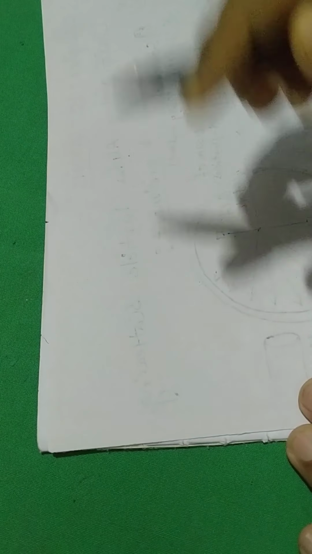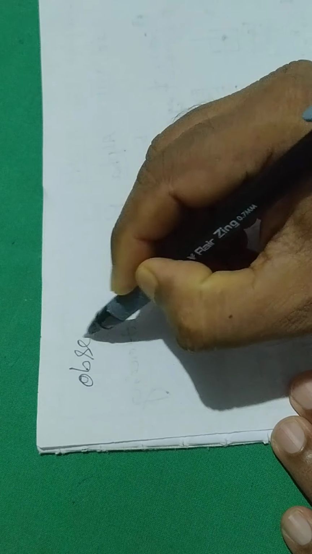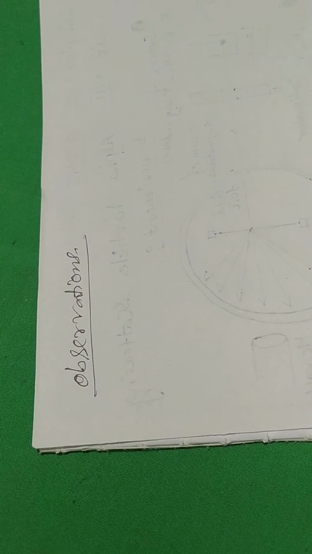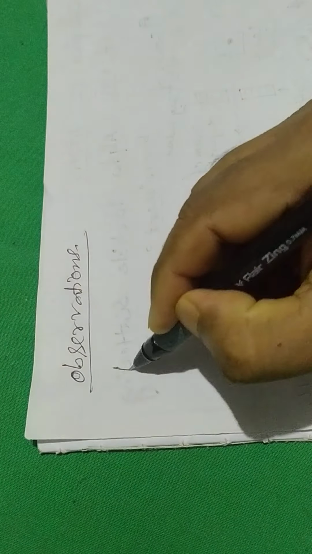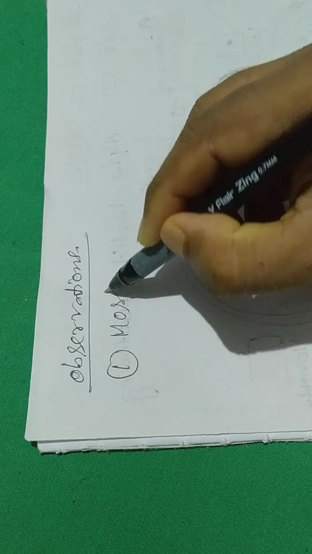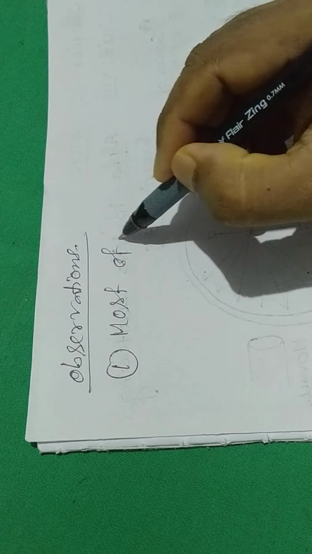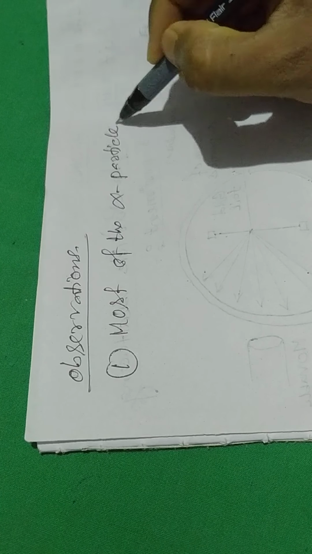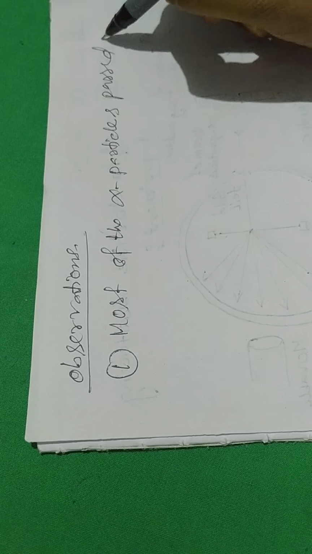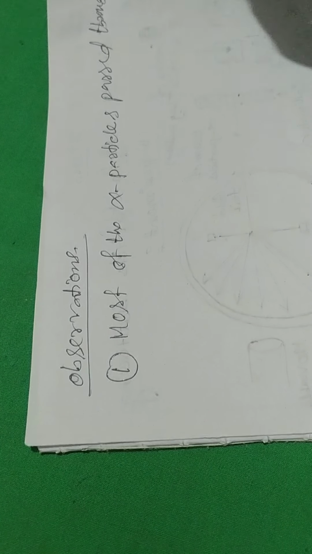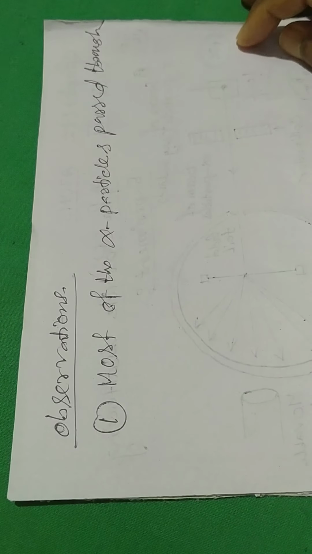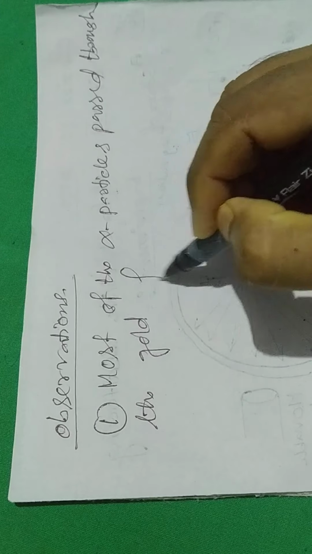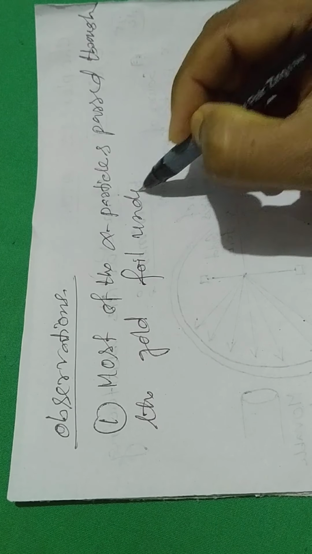Observation number 1: most of the alpha particles pass through the gold foil undeflected.